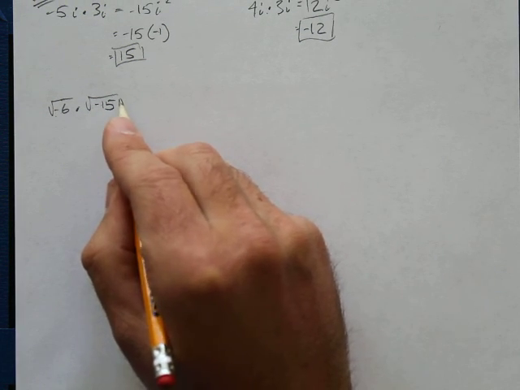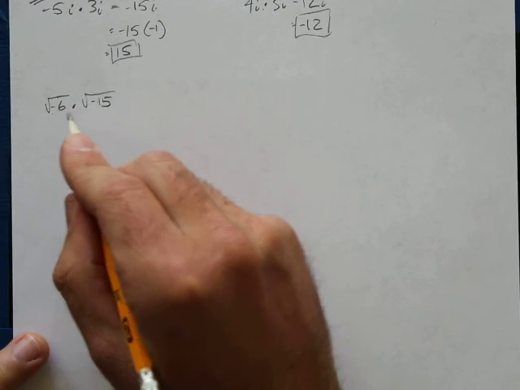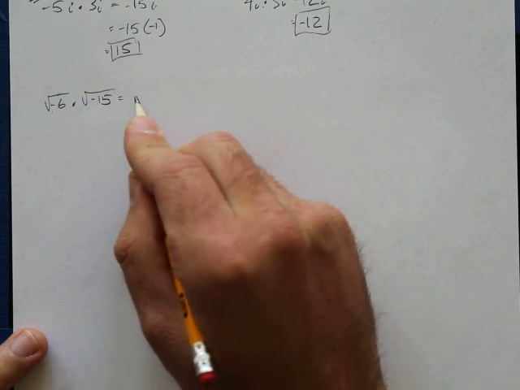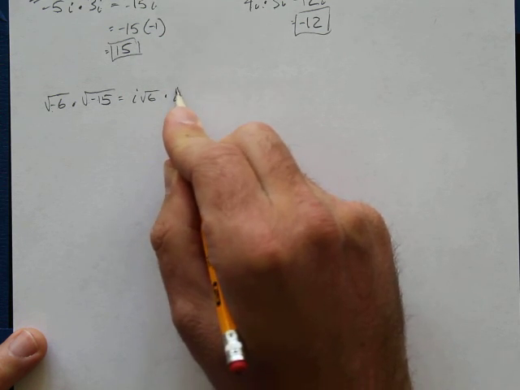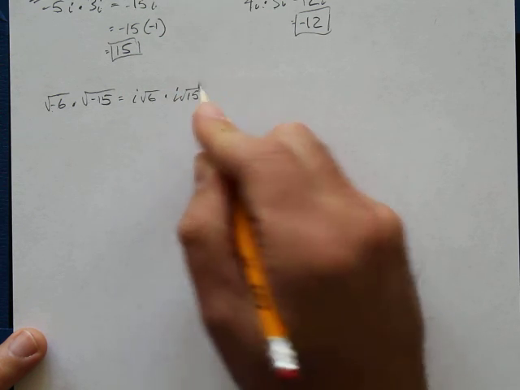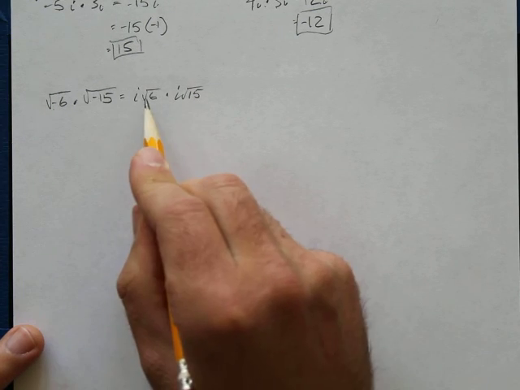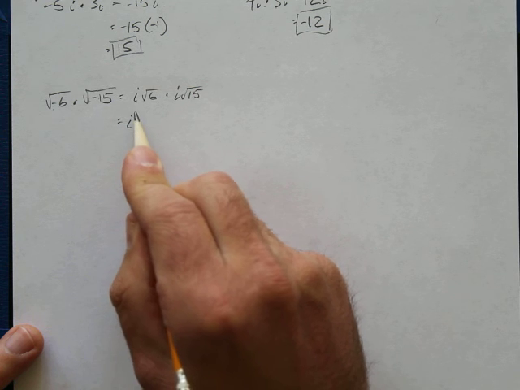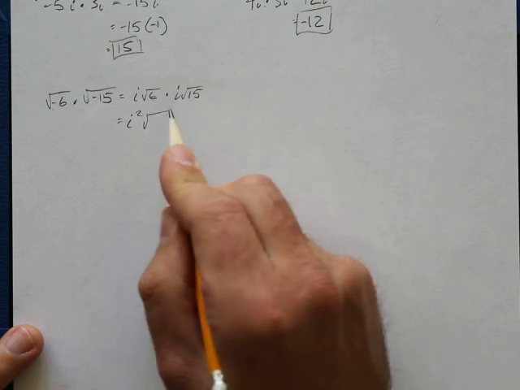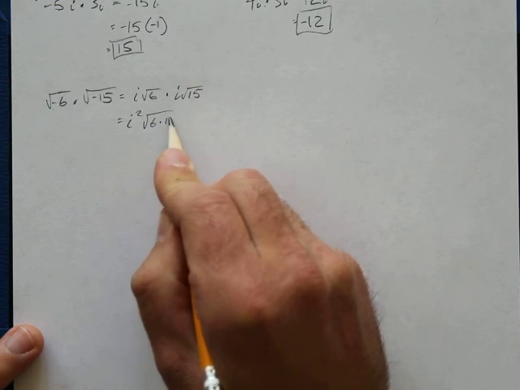You're going to have some issues. So we're going to say i times the square root of 6 times i times the square root of 15. So pull that negative, the square root of negative 1 out. And then you end up with i squared times the square root of 6 times 15.